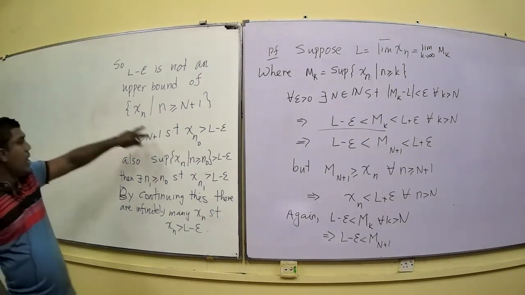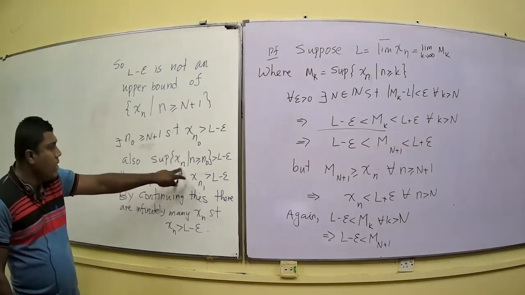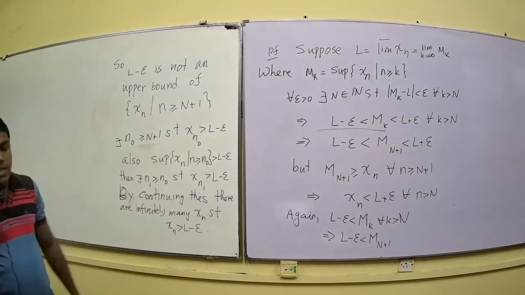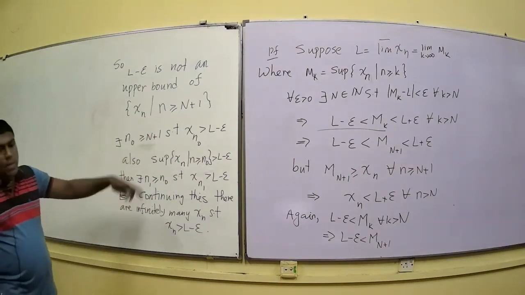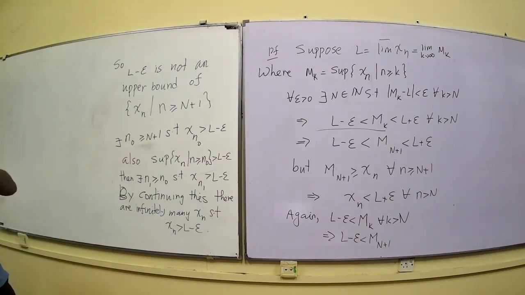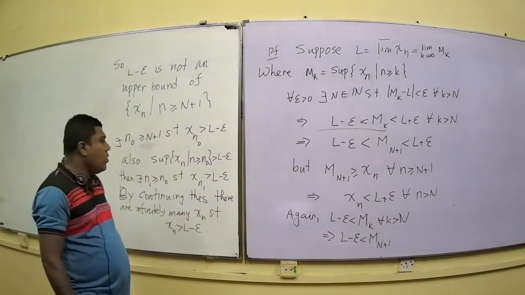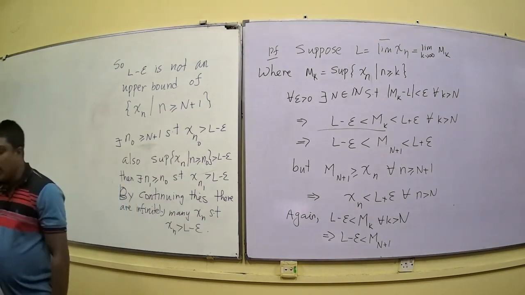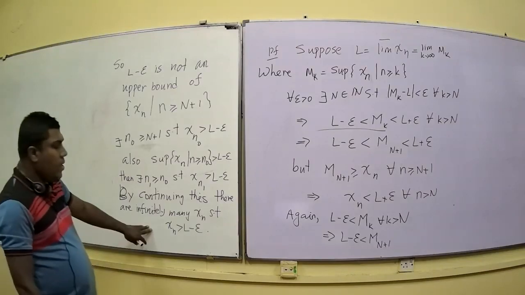You start with x_{n0}, you go with x_{n1}, and then the supremum of xn such that n is bigger than or equal to n1 is also greater than L minus epsilon. So there will be an x_{n2}. You can keep on continuing like this, and you will find infinitely many x_{n0}, x_{n1}, x_{n2}, x_{n3}, and so on, all bigger than L minus epsilon. So that's the other part of the inequality.